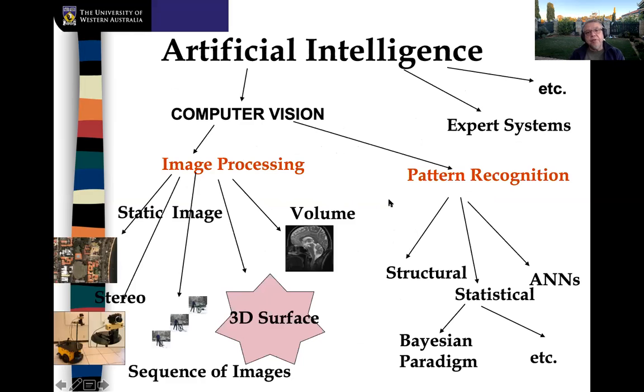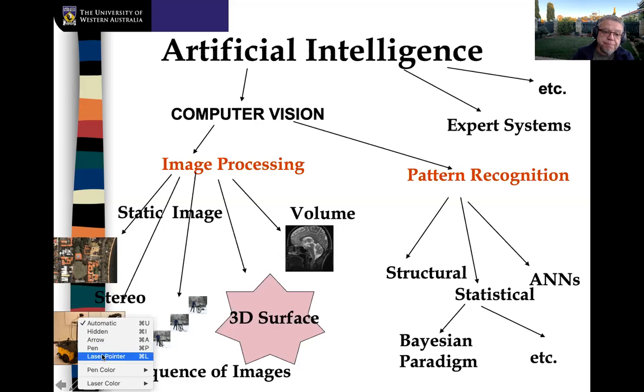So this is a taxonomy of artificial intelligence and where computer vision fits. So you can process one image, just like here, a satellite image, for example, or sorry, an airborne image. You can process two images for stereo vision to infer the depth. You can process a sequence of images for videos.